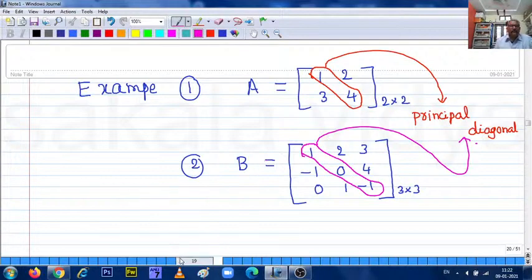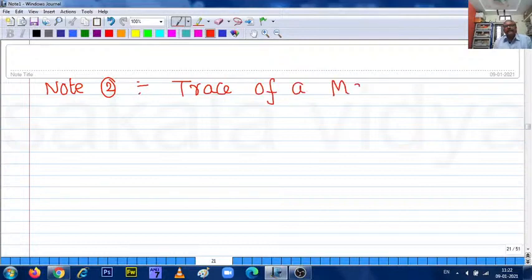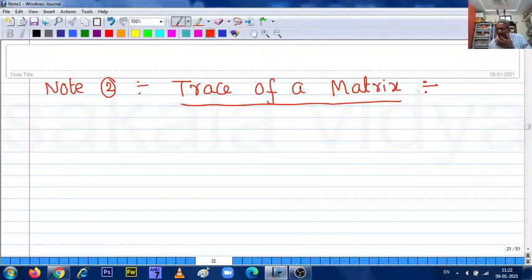So next, second note. Note 2: trace of a matrix. This is a very important concept from the competitive entrance examination point of view. What do you mean by the trace of a matrix?